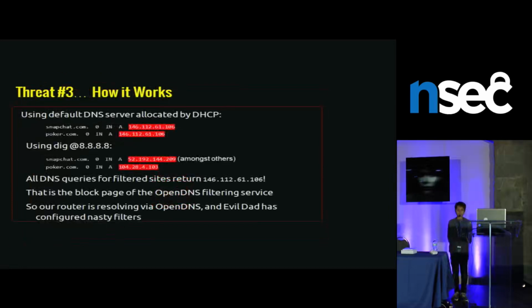So what I figured out is that all DNS queries for filtered sites return 146.112.61.106. This turned out to be the IP address of the block page of the OpenDNS filtering service. So our router is resolving via OpenDNS, and Evil Dad has configured nasty filters.